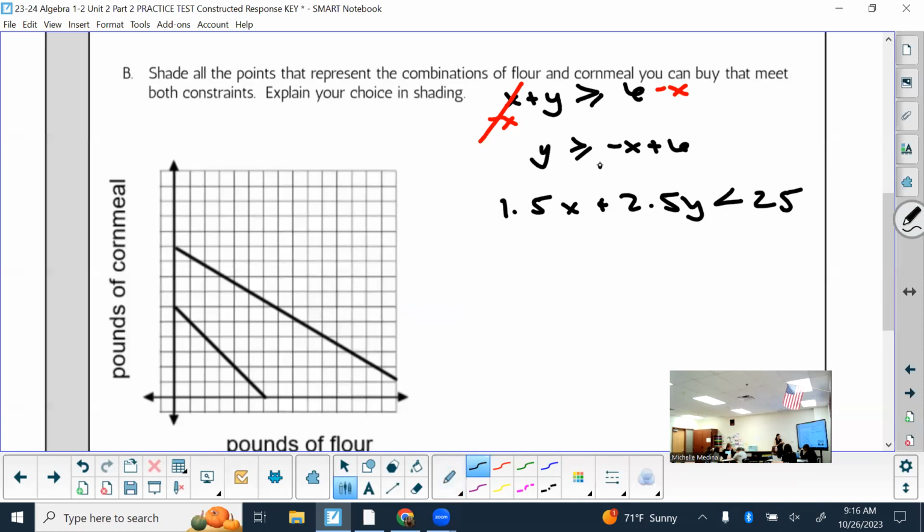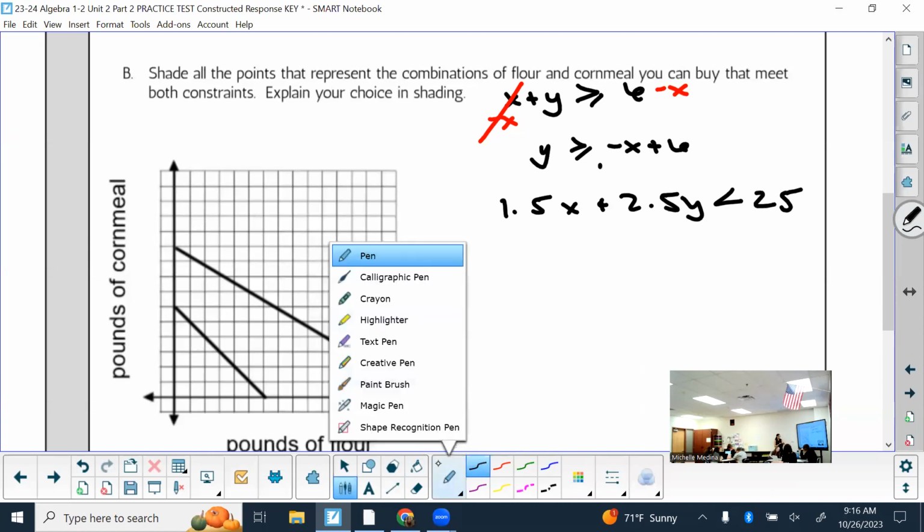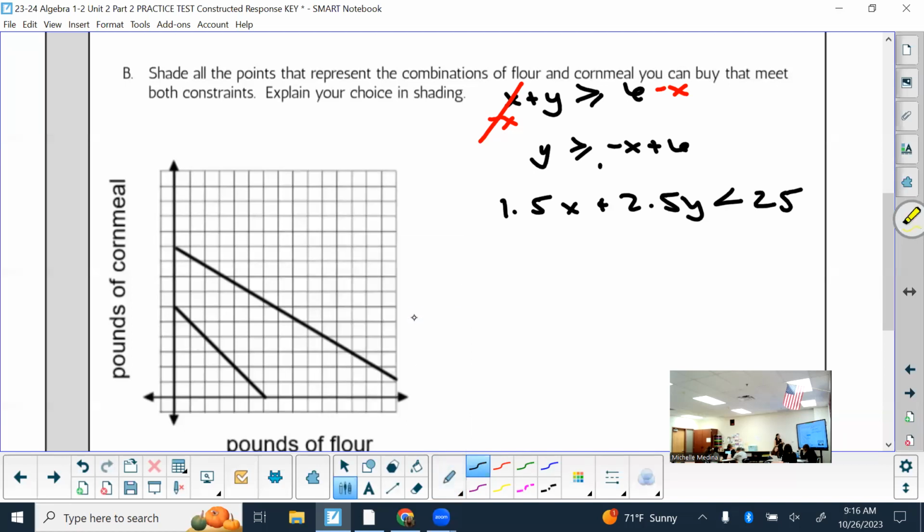Now, if you're shading with your pencil, make sure you shade lightly at first. We still need to see where the other one is supposed to be shaded before we identify what our solution is. The solution is where the shading overlaps. Just lightly shade, we're not done yet, we still have to shade the other one.